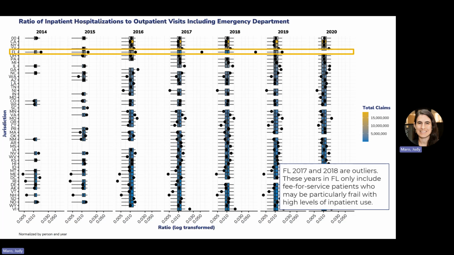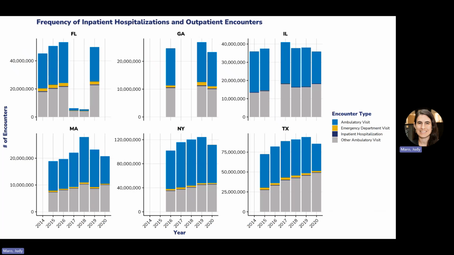These are years in which the Florida data that we have included in the overall data set only includes fee-for-service patients who may be particularly frail and have higher levels of inpatient use. And you can see the difference illustrated in this next graphic. You see that in Florida, and these are years across your x-axis, there are these big dips in 2017 and 2018, and that's because in those particular years, the fee-for-service population is the only patient population that's being represented because the comprehensive managed care population had data that were deemed unusable.